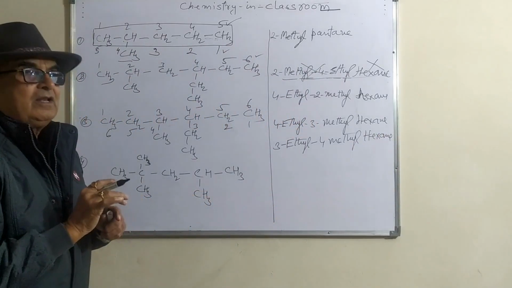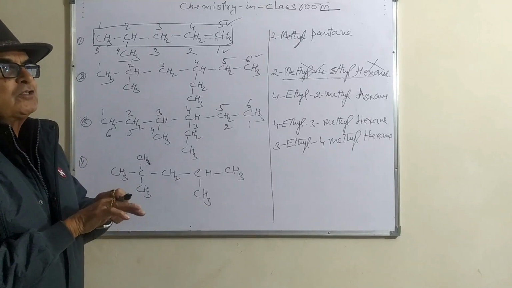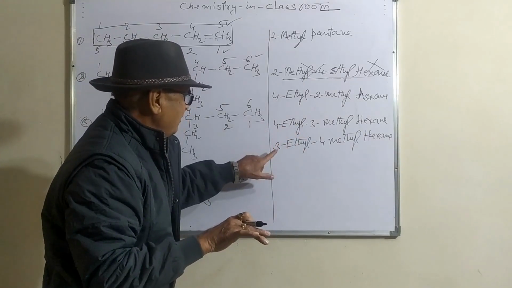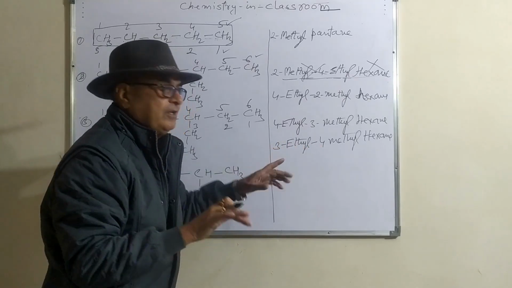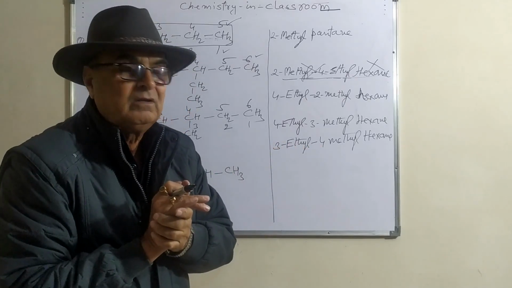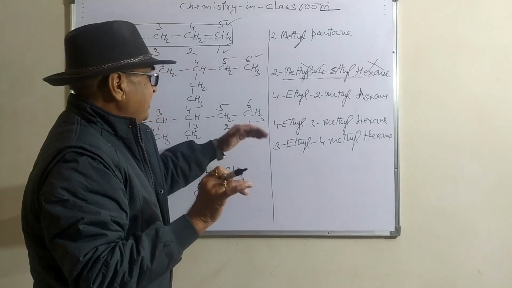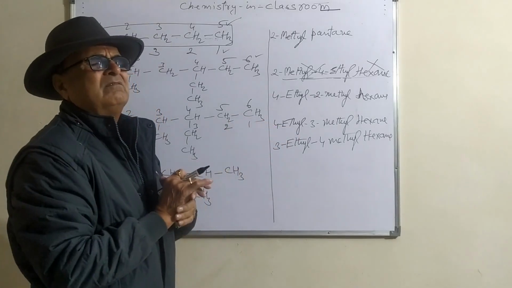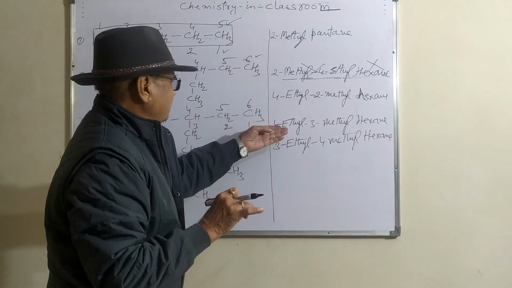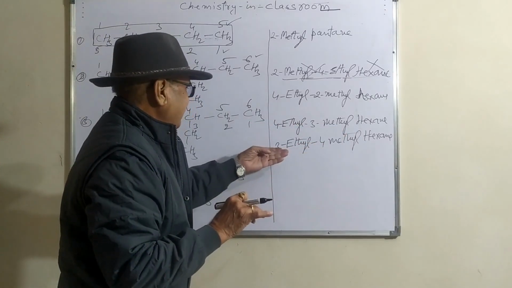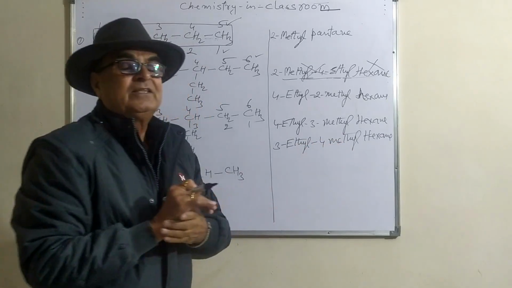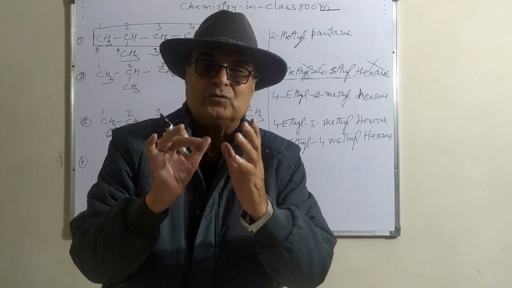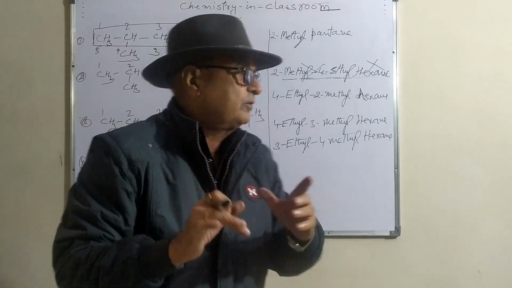So the total of the locations of the substituent groups is 4 plus 3, 7, and 3 plus 4 is 7. Both are equal. So the question arises whether this name is right or this one: 4-ethyl 3-methyl or 3-ethyl 4-methyl. Then here again one rule comes, and I am going to tell you this third rule about this.